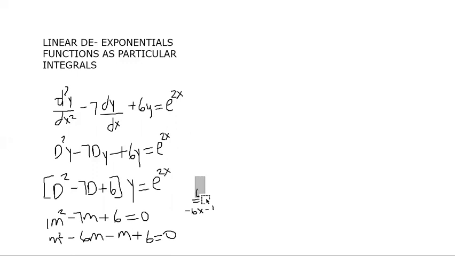I just want to erase this, so I'm going to work from here. What we need to do is factor out m for this side. All we're doing is trying to solve for m.